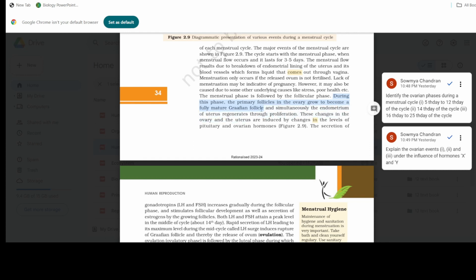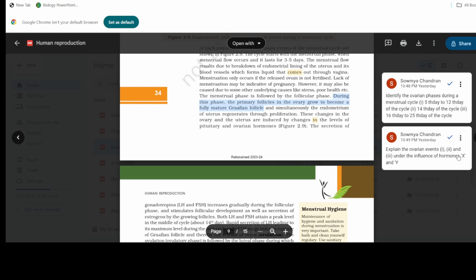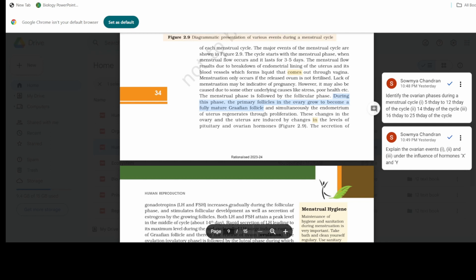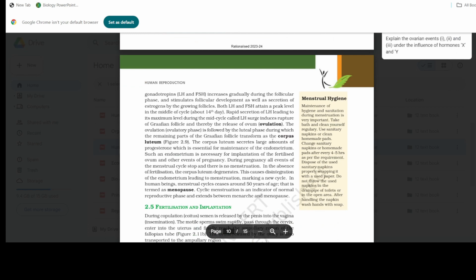That's the ovarian event. Then the next one, the 14th day. What happens? The secretion of gonadotropin stimulates the secretion of estrogen. Estrogen is secreted more, and this leads to the release of the ovum, or ovulation.